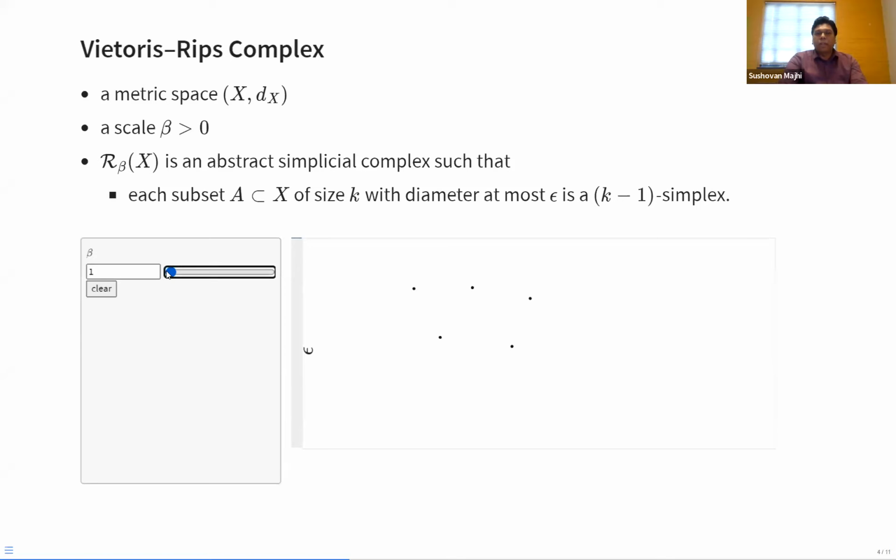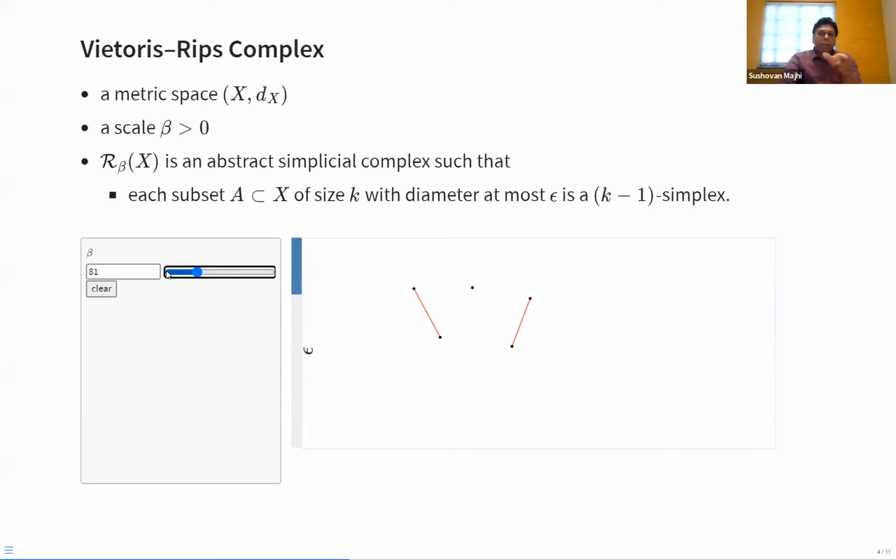But if we keep growing this scale, you will see that more and more points would get connected. For example, when I am at this point, and keep going. All right, so these 2 points right now for this beta, and this is our subset A. Right now, this subset has its diameter at most beta, so we connect them by an edge or one simplex.